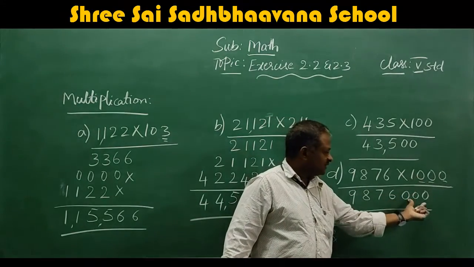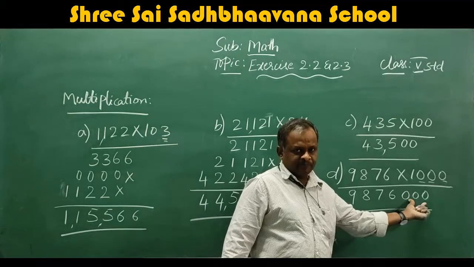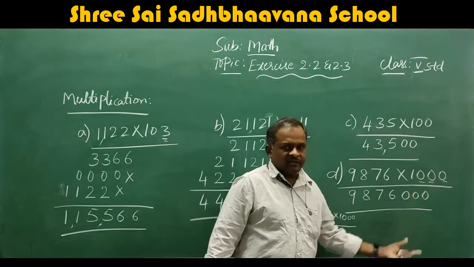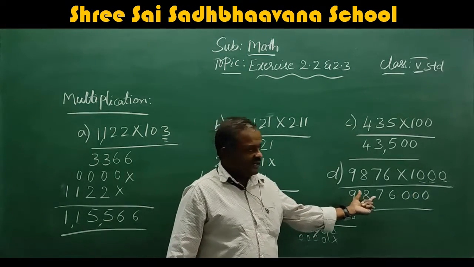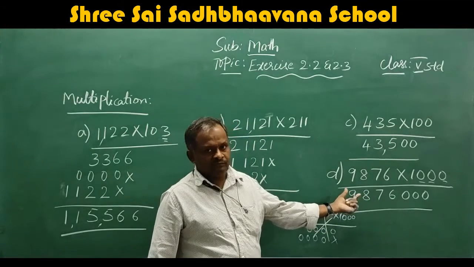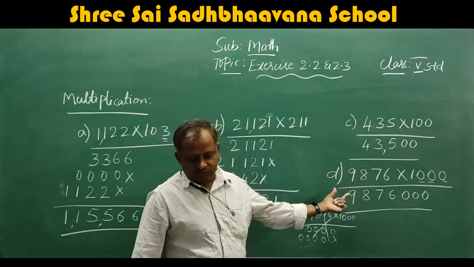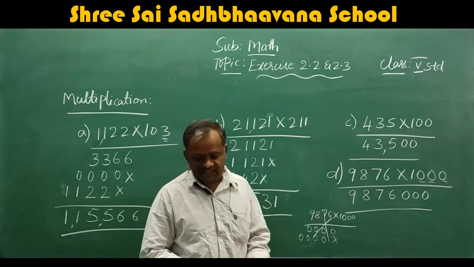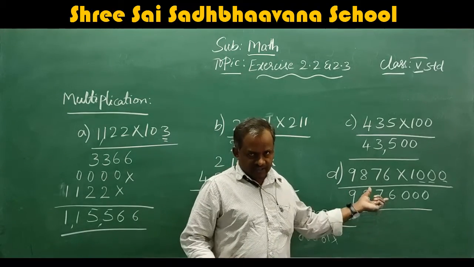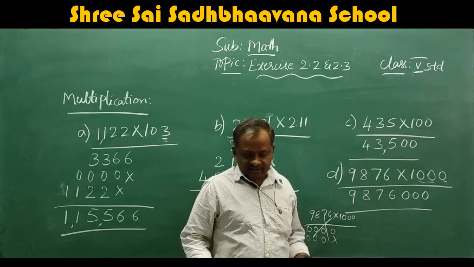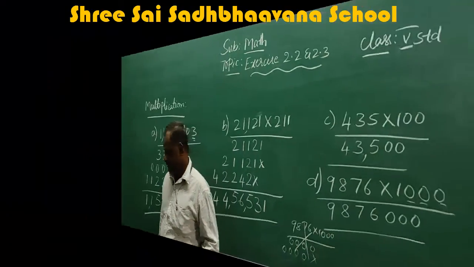Write down how many zeros they have given. Do the very simple method. Okay, I think you understand. We'll move to the next. Another 2 problems are there, E and F. You have to do like this only. Next we'll move to the second main.